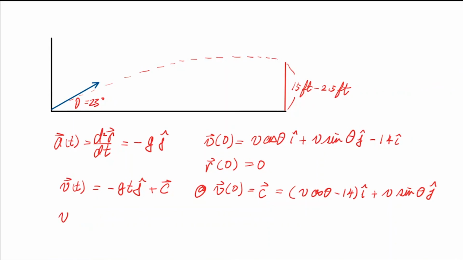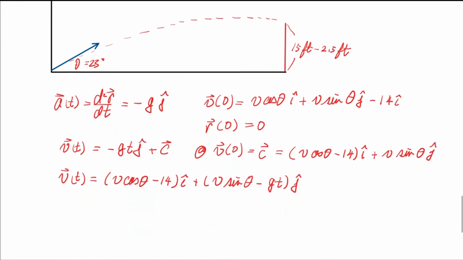So our v of t is this thingy, V cosine theta minus 14, and then i vector, and then we have plus V sine theta, that part, and that combines with this minus g t j vector. Good? Are you with me?